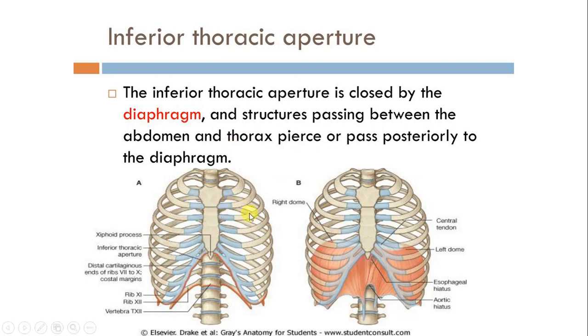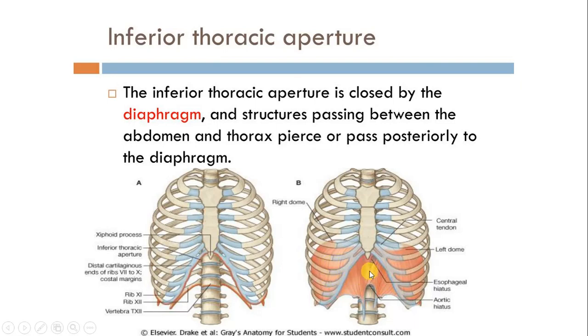Inferior thoracic aperture means the aperture at the inferior side of the thoracic cavity, and inferiorly we know that is the diaphragm. So it's the diaphragm which is present between the abdomen and the thorax.